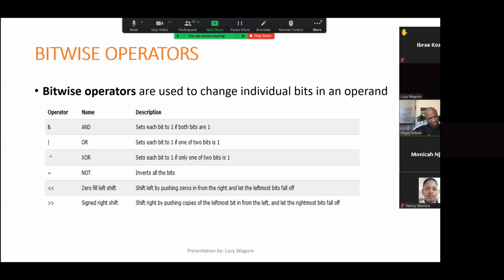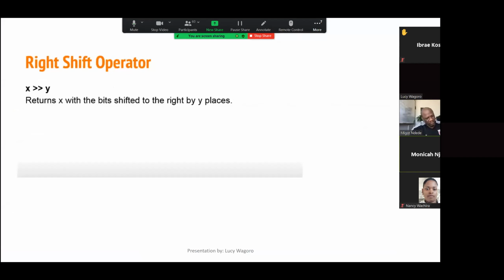Now, what does the right shift do? The right shift operator returns X with the bits shifted to the right by Y places. So the left shift shifted to the left by Y places, and the right shift is shifting to the right by Y places.